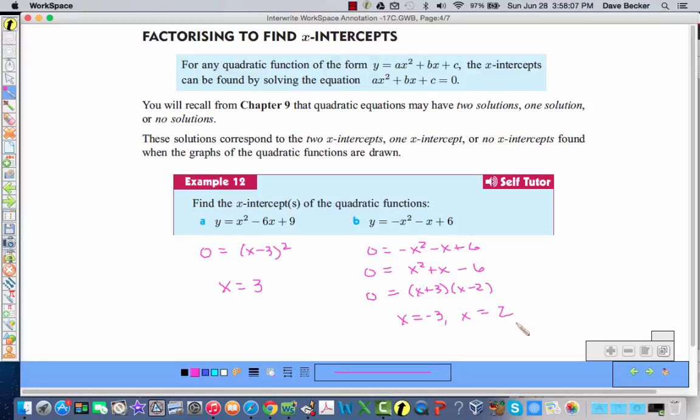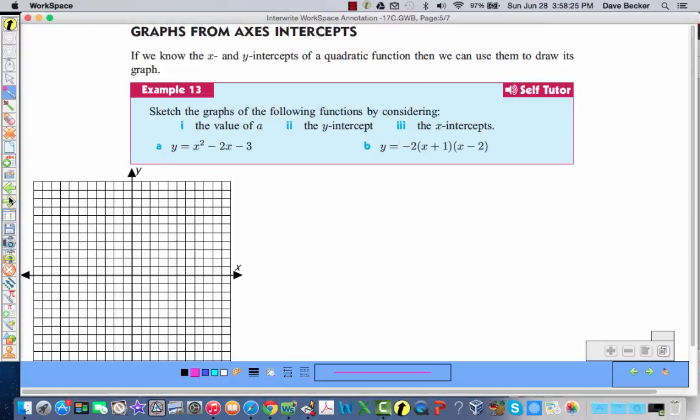No big deal, right? You can graph those on your own on your graphing calculator, just to convince yourself if you are unconvinced.